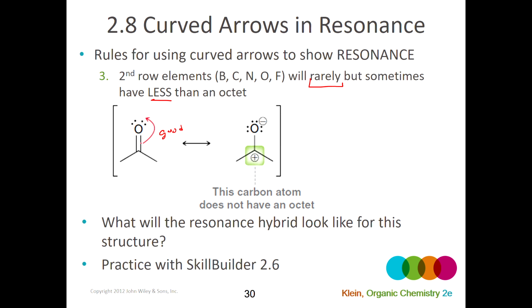The arrow shows the electrons that were being shared between 2 atoms, which is why the arrow is starting there. It's this pair of electrons, and the arrow shows where those electrons end up, which is as a lone pair on the oxygen. That creates some formal charges. So this is kind of unstable, but it is significant. This is a minor contributor.